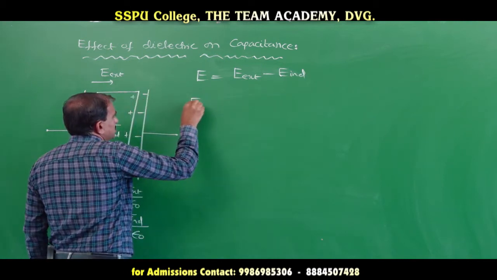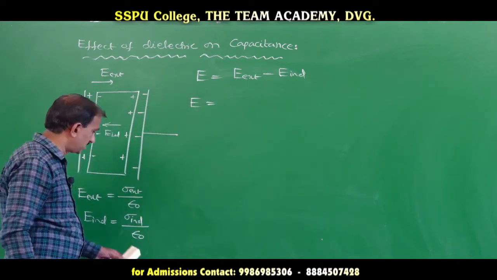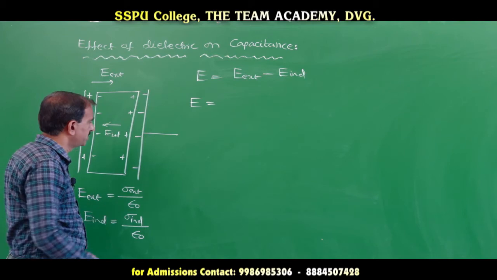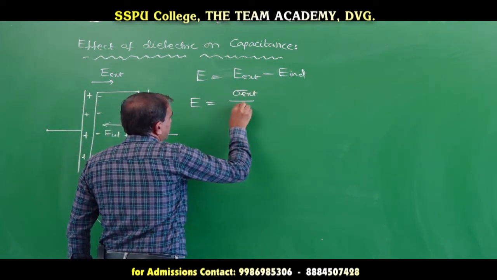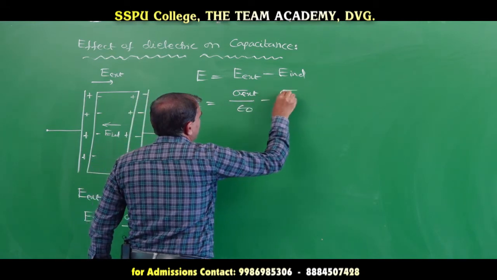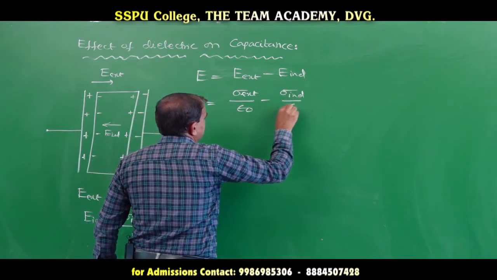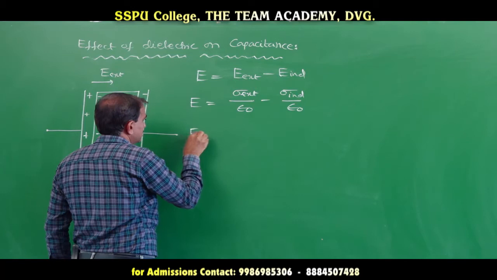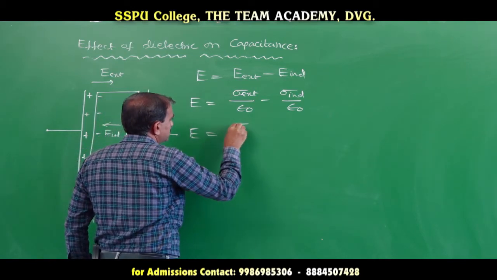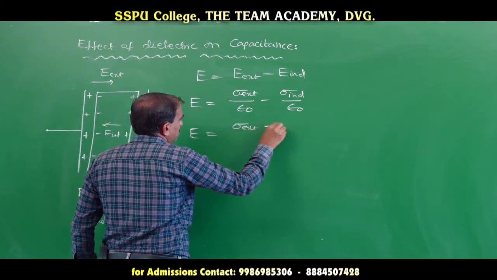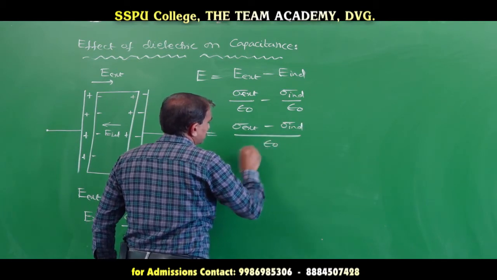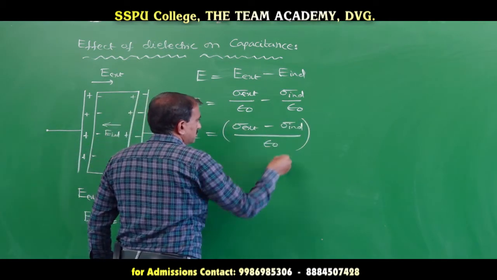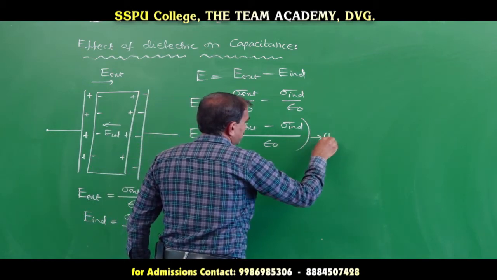So E is equal to sigma external by epsilon naught minus sigma induced by epsilon naught. This can be written as E is equal to sigma external minus sigma induced divided by epsilon naught. Call this equation number 1.